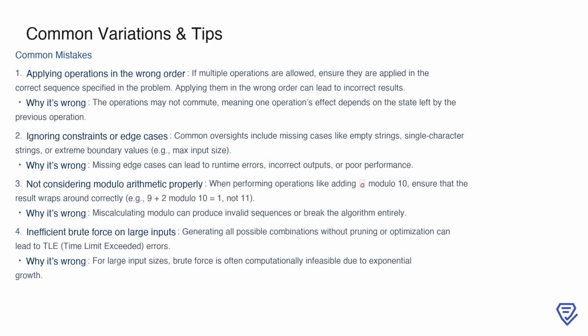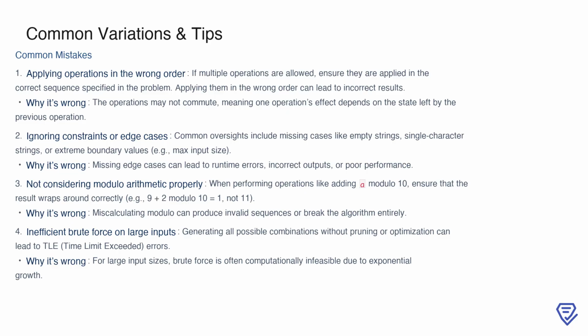For example, failing to handle empty strings, single-character strings, or boundary values like the maximum input size can cause runtime errors or incorrect results. Additionally, modulo arithmetic is often mishandled. When adding a value like a modulo 10, it's crucial to ensure the result wraps around correctly. For instance, 9 plus 2 modulo 10 should give 1, not 11.